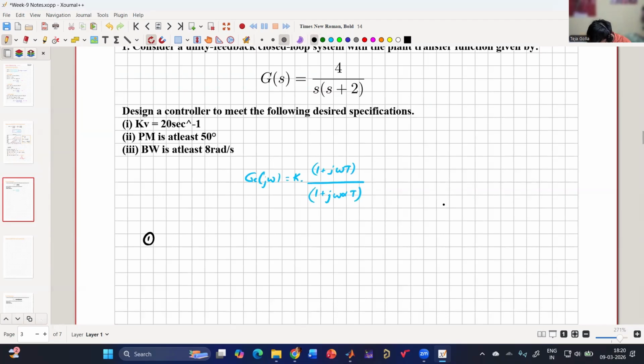So first I'll see how much my gain K is. If I have to calculate Kv, I'll get limit s tends to 0, s into G(s) into K. So if I calculate this, I'll get 4K by 2, which equals 20. That implies my K is equal to 10. Okay.